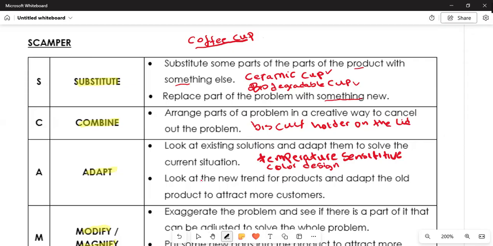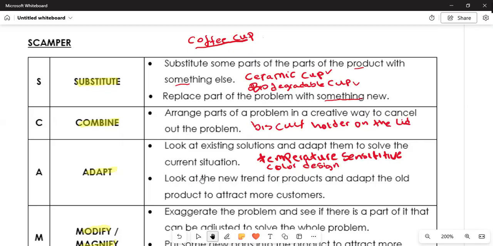So you just do it by adding a temperature sensitive color design that changes when the drink is hot or cold. So that's how you can adapt.